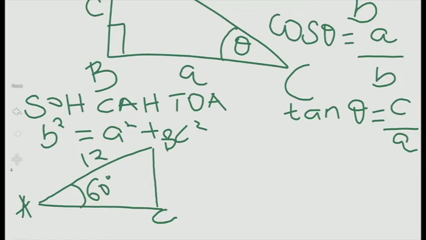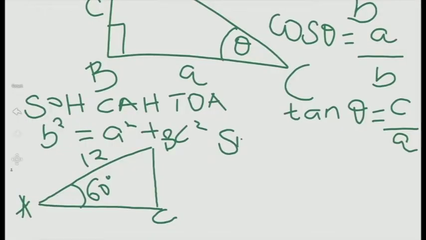Which ratio can we use to find the other sides and the other angles? Now here, we have the hypotenuse. Which of these two ratios uses the hypotenuse? The sine and the cosine, which means we can use the sine or the cosine to find the other sides.